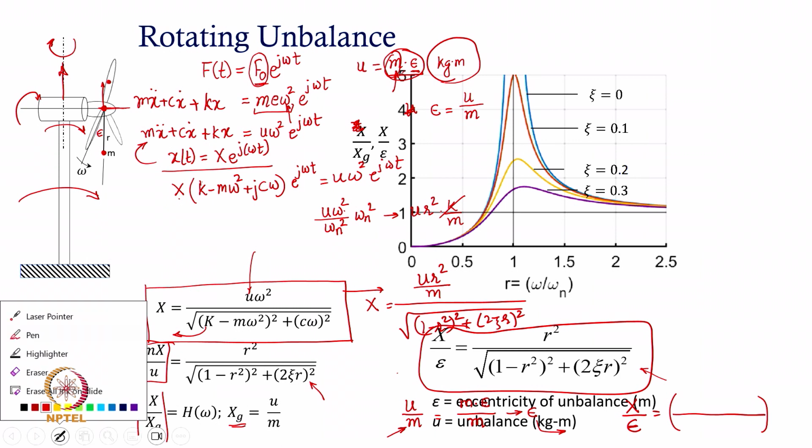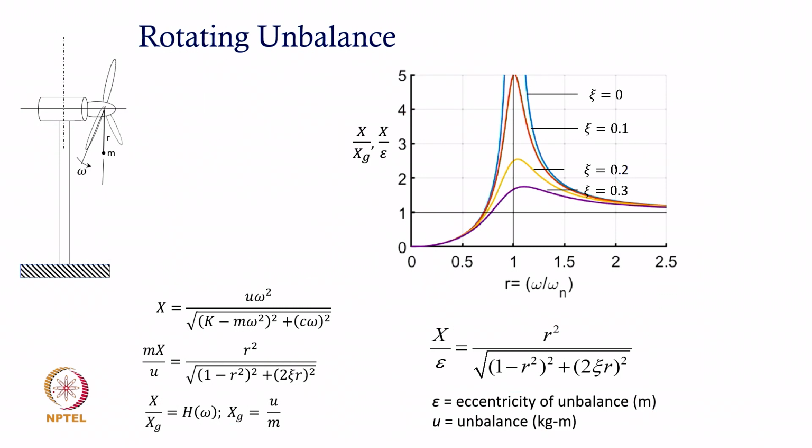So, if I plot this ratio now as a function of frequency ratio, I get the variation as seen here. So, either you can call this x over x g, or it could be x over epsilon. Okay.